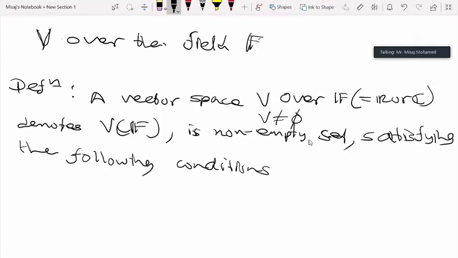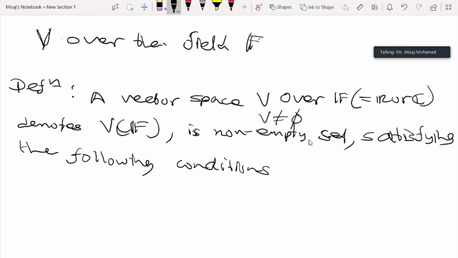A vector space V over F is a non empty set satisfying the following conditions. So these vectors and scalars all together should satisfy the following axioms, right?